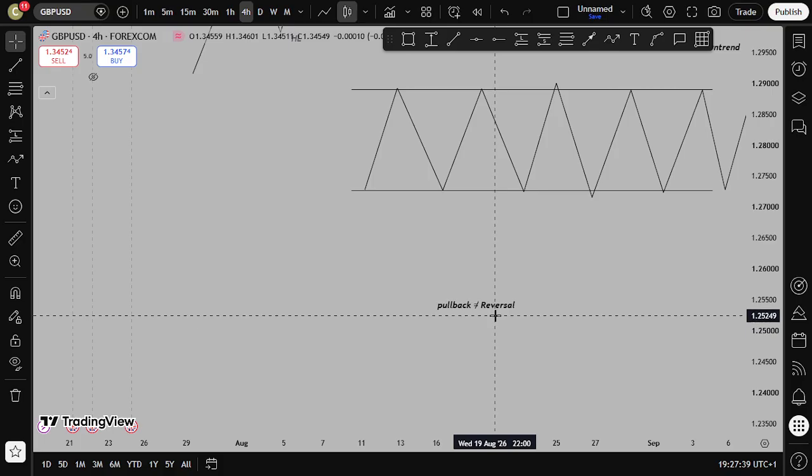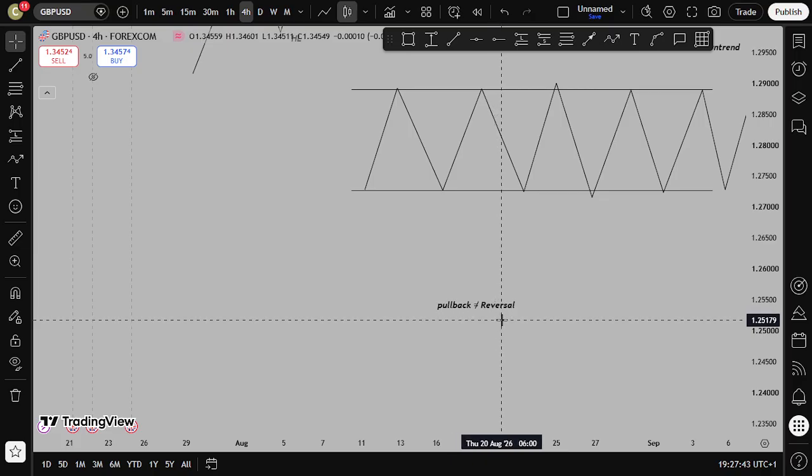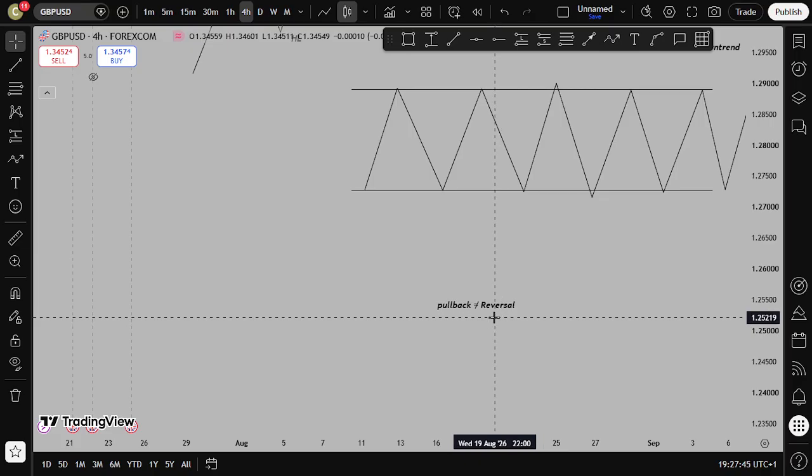If you have that in mind, you won't keep fearing every pullback whereby price is trying to pull back and make a correctional move and you are getting scared. That's why I say pullback does not equal reversal. Without pullbacks, there is no healthy trend.